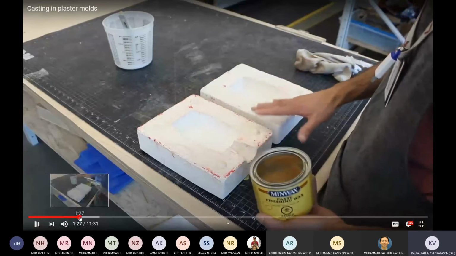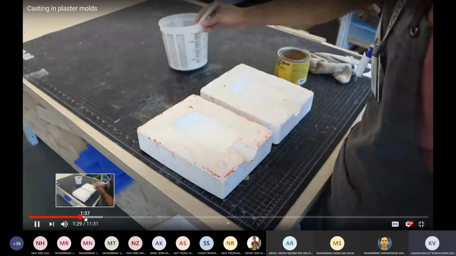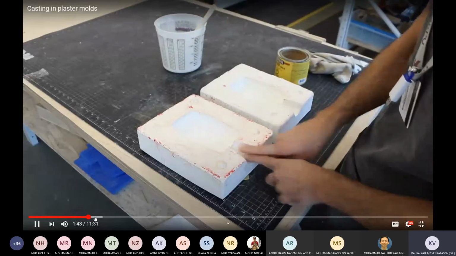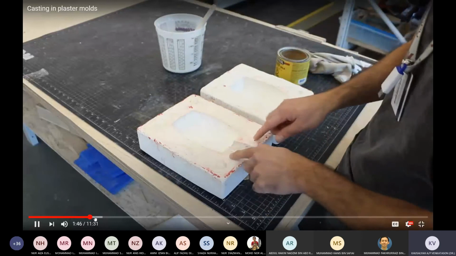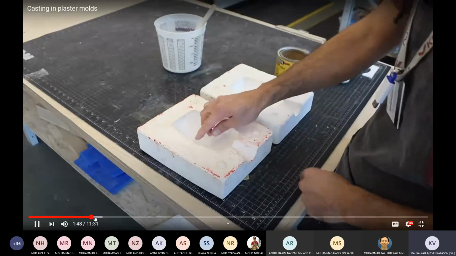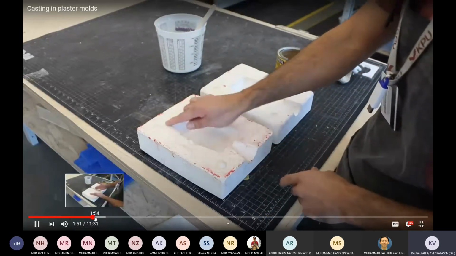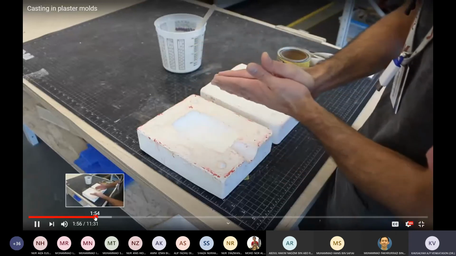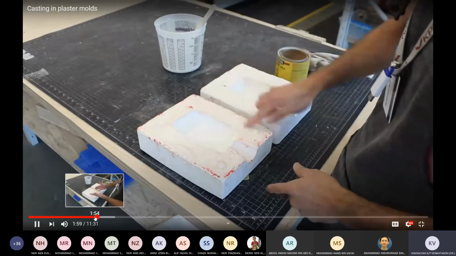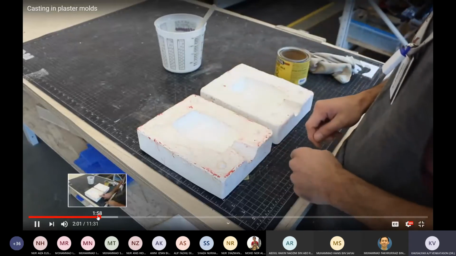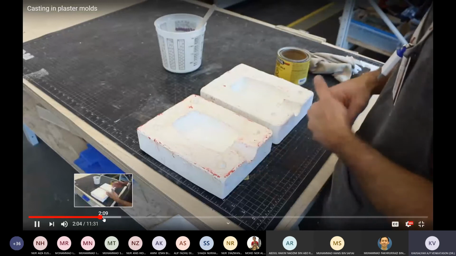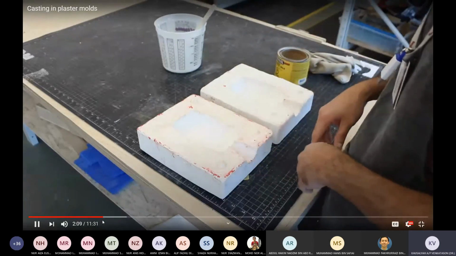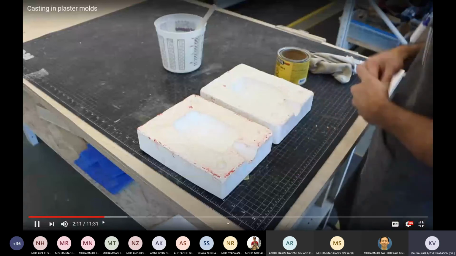Then classic hand wash soap with a little bit of water, which I will use for the final zone where the liquid will go in, but also around here, because you never know when some of the liquid will flow into the union of the two molds, and that will get our molds glued together. So we have to do all this, and the cone for pouring in the material, and that's pretty much it. Then it's preparing the material, the plaster in this case, and just pouring it in. So that's it. Let's do it.